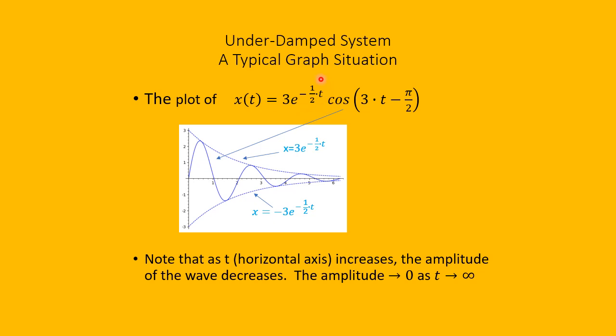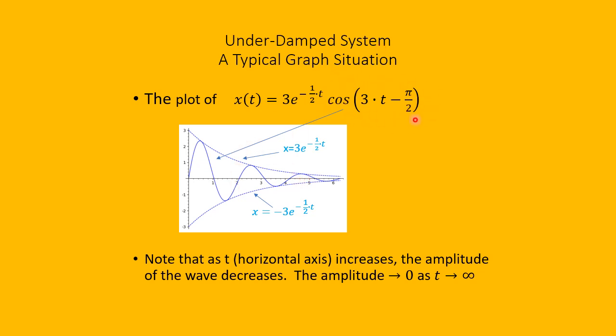Consider this 3e to the minus half t times 1. The graph of that would just be x equals 3e to the minus half t, which is shown here. If we look at minus that, x equals minus 3e to the minus half t, that's this curve right here.